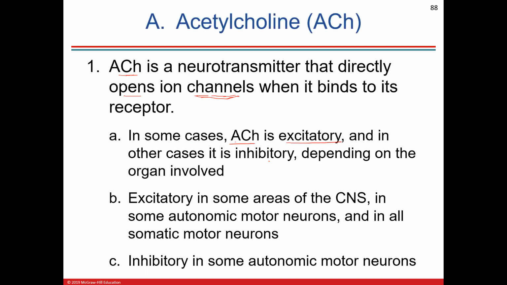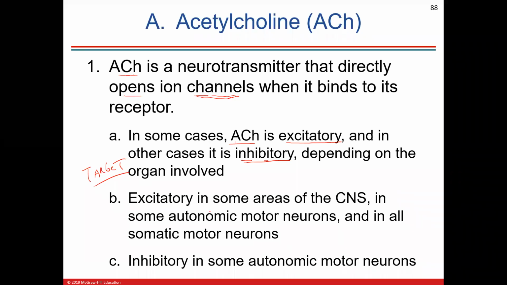In some cases, inhibitory, like in parasympathetic stimulation to certain receptors in certain parts of the body, certain smooth muscles, certain cardiac muscles, certain glands. And it depends on the organ. Really, it should be the target organ or the effector, because that's where the receptors are, the postsynaptic receptors, right?